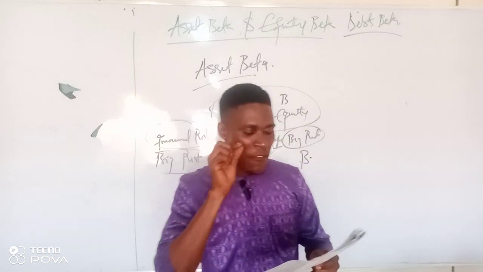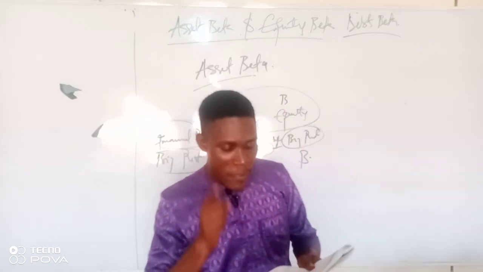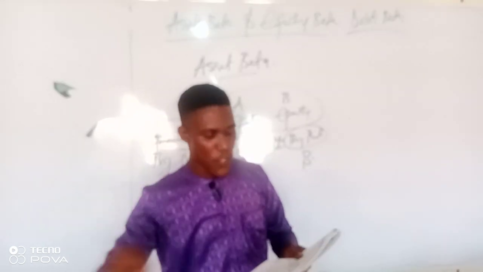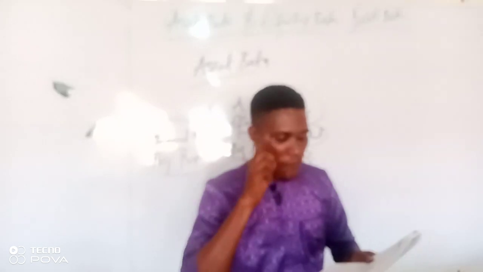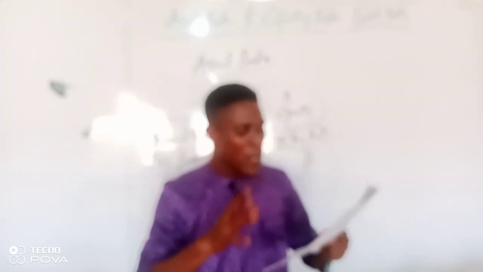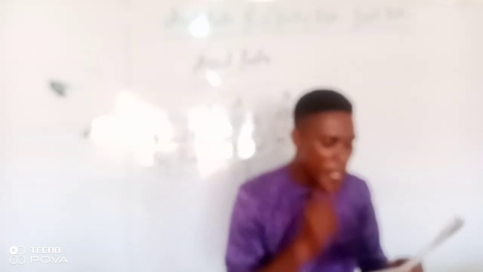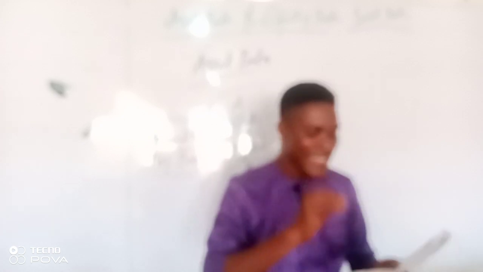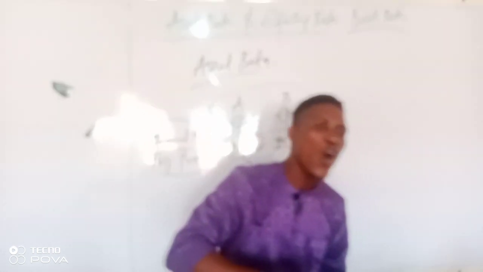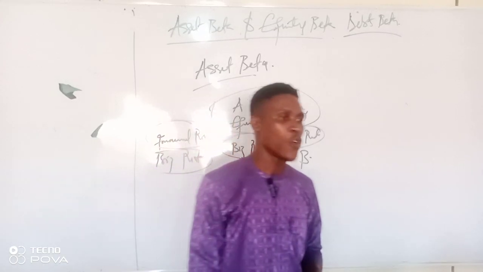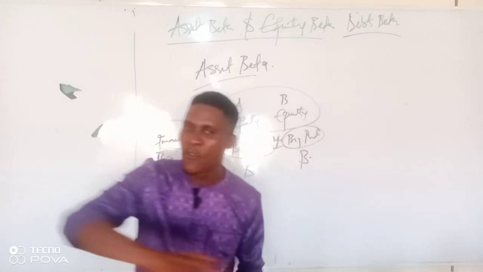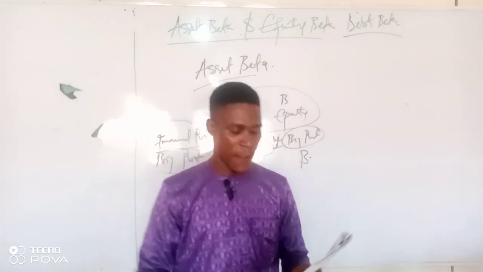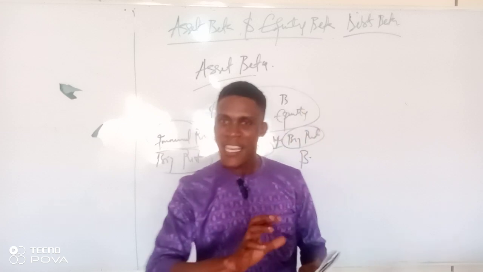An asset beta is a beta factor that will be applied to the company's asset if financial risk is removed from the calculation. It is therefore a beta factor that applies to the entire company or an individual project. It provides a measure of the underlying business risk facing the entire firm, regardless of its financial structure. So once we remove the financial risk, the business risk is measured by the asset beta.